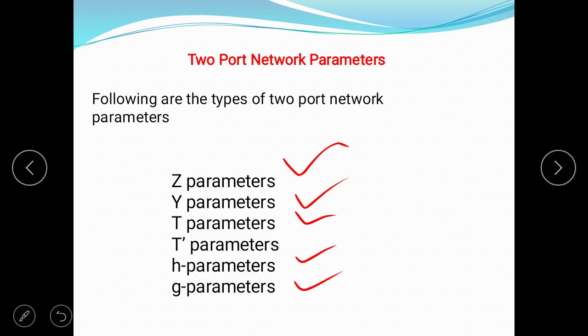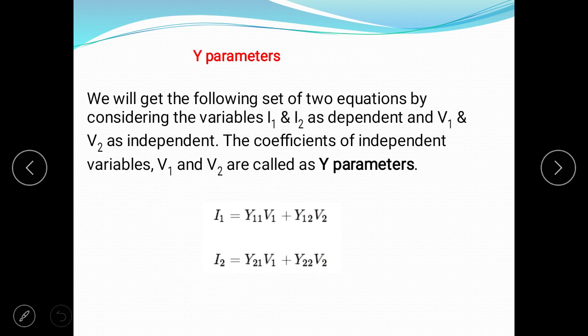In the previous class we discussed Z parameters. Now in this class we will discuss admittance and T parameters, that is, transmission parameters. First we discuss Y parameters, that is, admittance parameters.